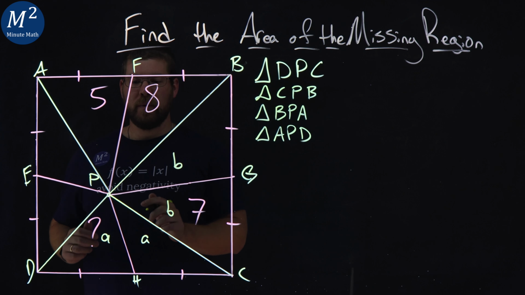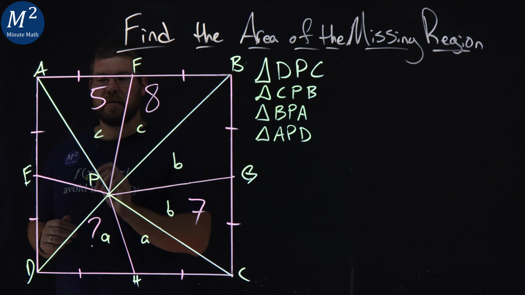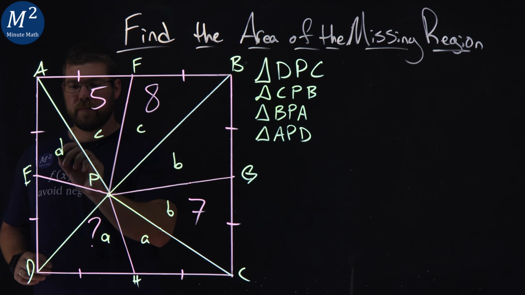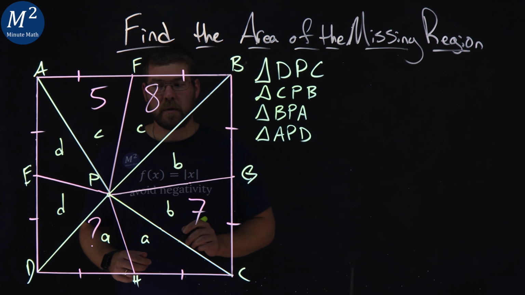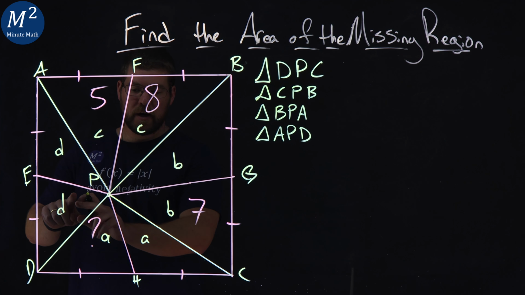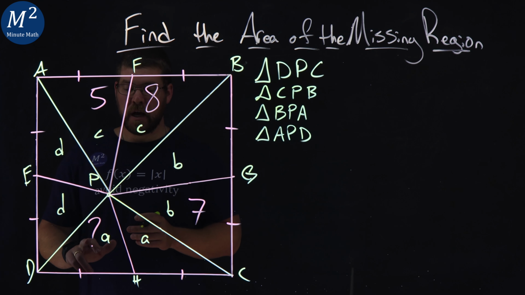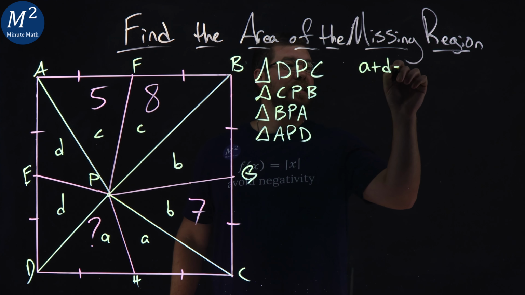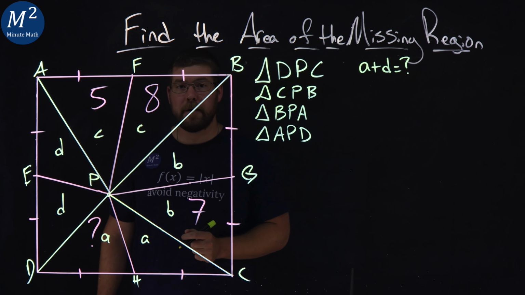Then this one and this one, we have c. And then here we'll have d. Okay? So our missing region, remember, it's kind of covering both here, is the sum of a and d. So we want to know what a plus d equals, okay?